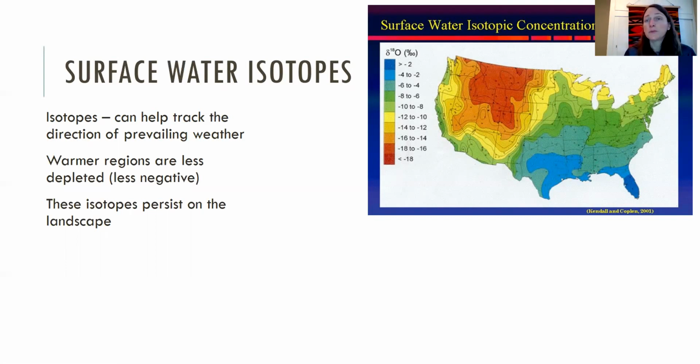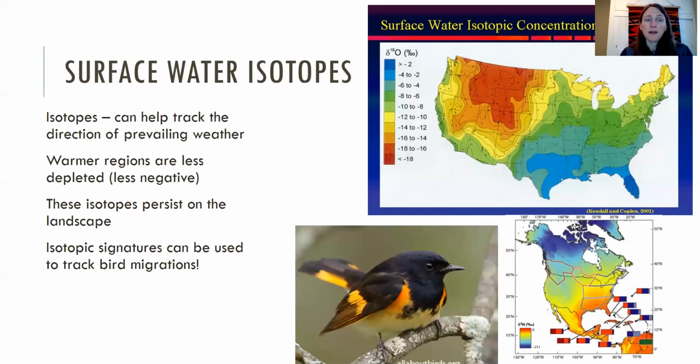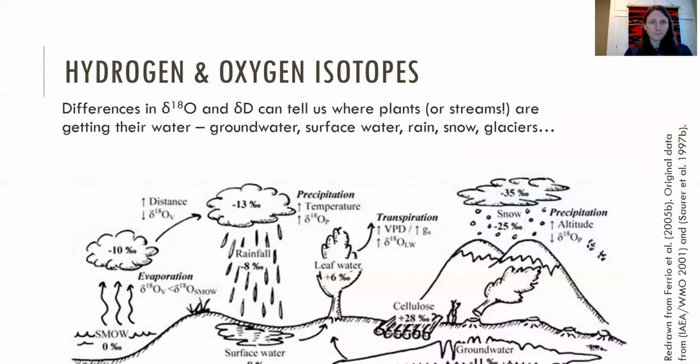And these isotopes persist on the landscape. So really useful for things like migrating birds. The isotopic signatures of bird feathers and bird blood can tell us where they've been living, where they've been coming from, where they've been getting their water. And so there are some really cool studies using oxygen isotopes and bird migrations.